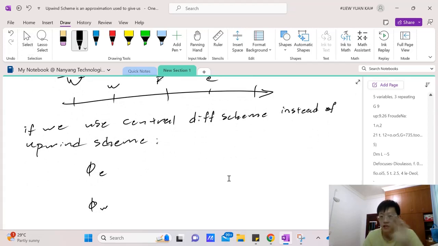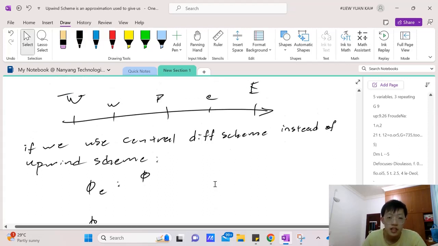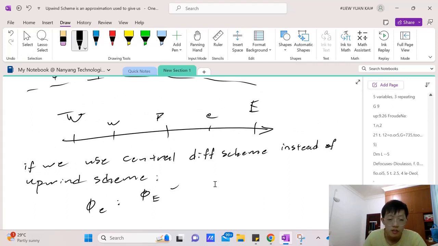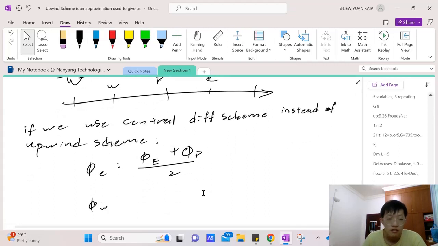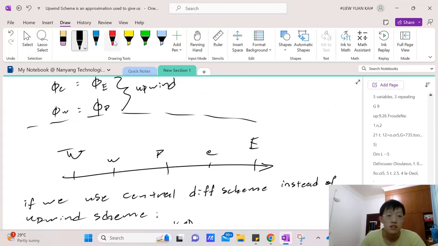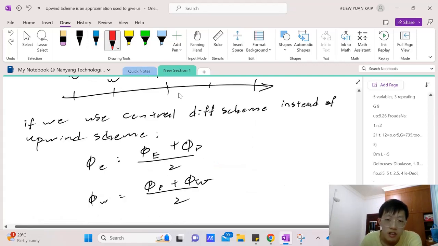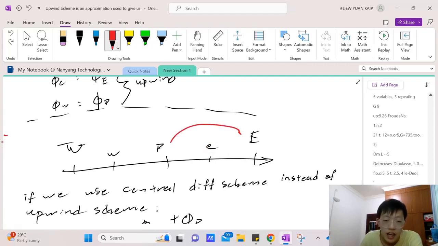Let me show you what the answer is first, and then I'll explain. Phi e will be approximated as phi big E plus phi p divided by 2. Then phi small w will be phi p plus phi big W divided by 2. So we don't know what phi e is, so what we do is we take the average of its surrounding neighbors.